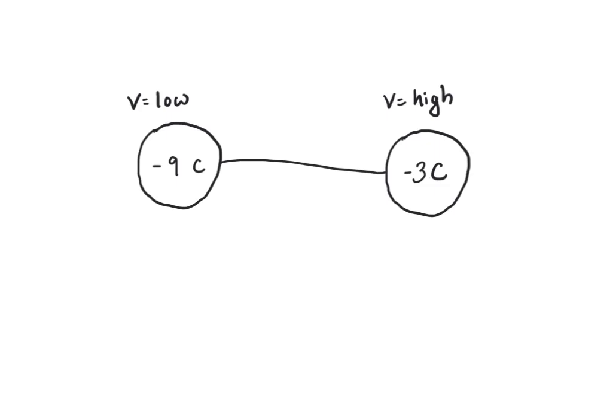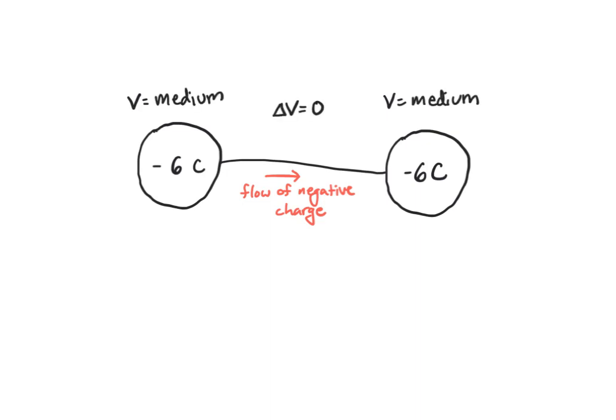Every time more negative charge flows from the left to the right, the difference between their charges, and therefore the difference between the potentials at either end, decreases. Eventually the charges have equalized, there is no difference in potential between the left and the right, and so there will be no more flow of charge.